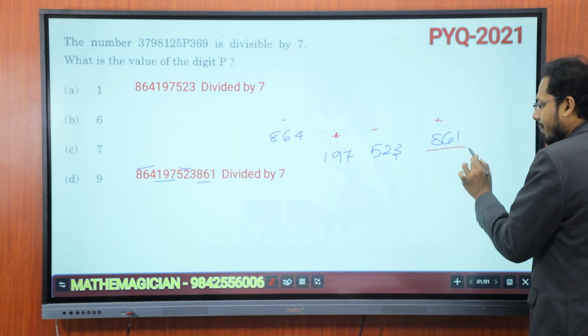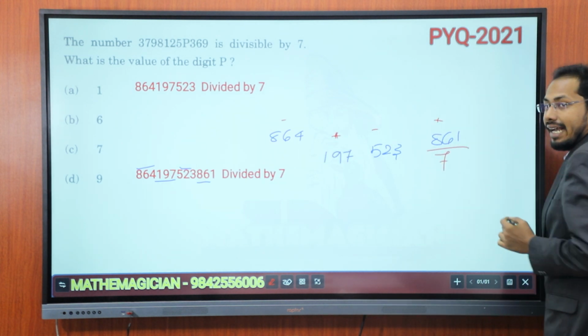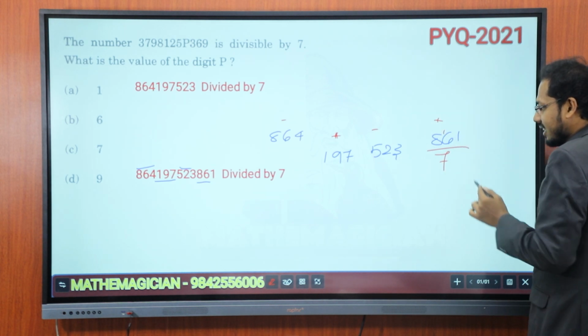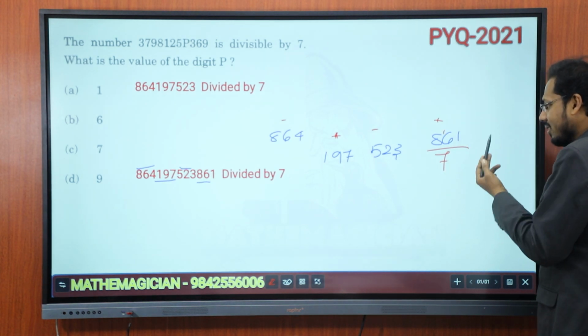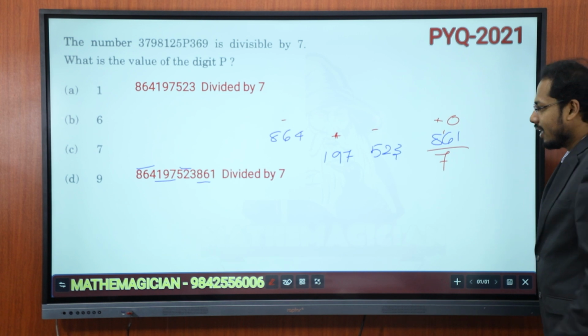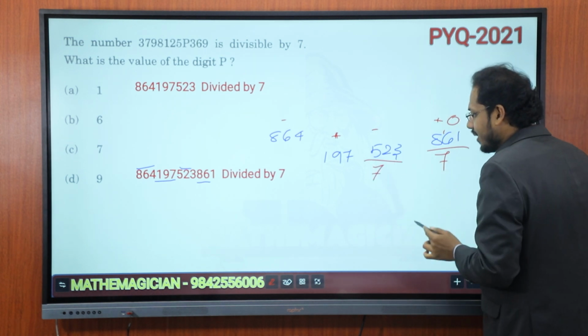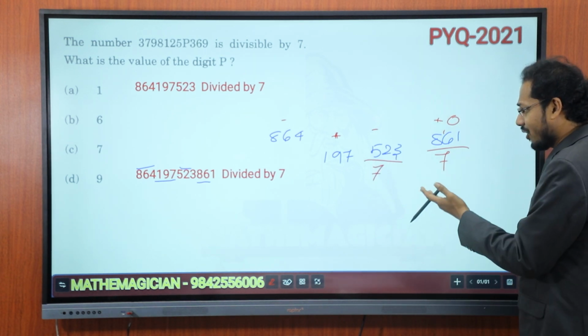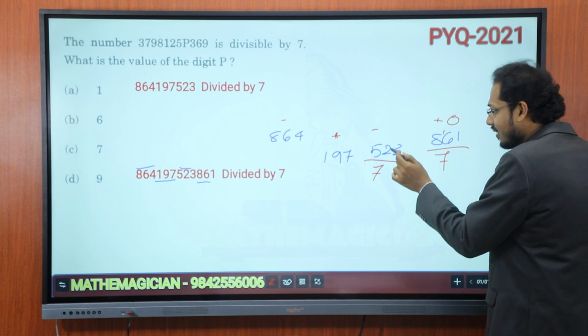Okay, so divide by 7, what is the remainder? 8, 1, 7, remainder is 1. 16, 2, 21, remainder is 0. Now, if I divide this number by 7, 52, 7 7s are 49, remainder 3.